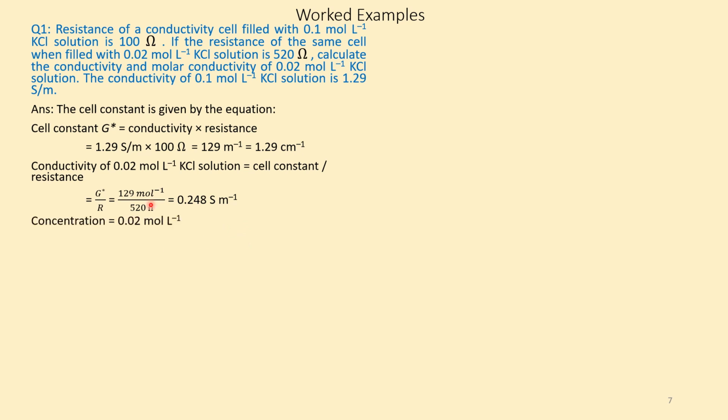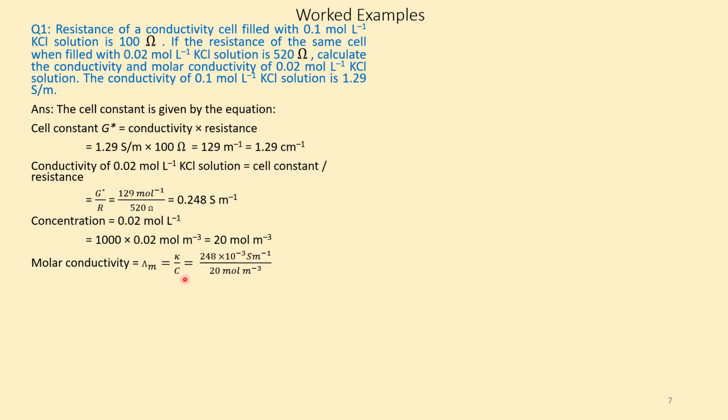So the concentration of 0.02 moles per liter is equal to 1000 into 0.02 moles per meter cube, that becomes 20 moles per meter cube. So we have converted moles per liter into moles per meter cube in this step. So molar conductivity lambda m is equal to kappa by C, where lambda m is the molar conductivity, kappa is the conductivity, and C is the concentration.